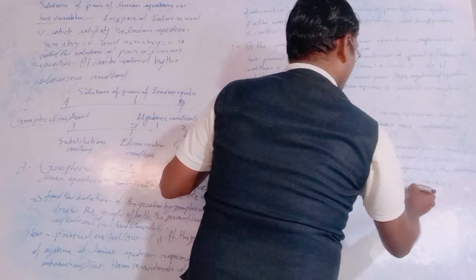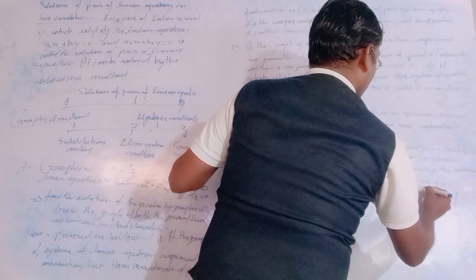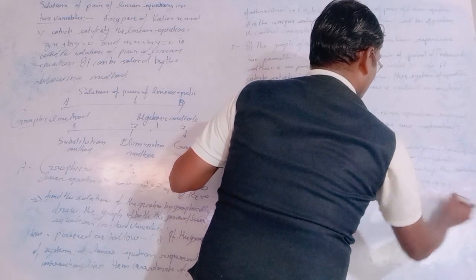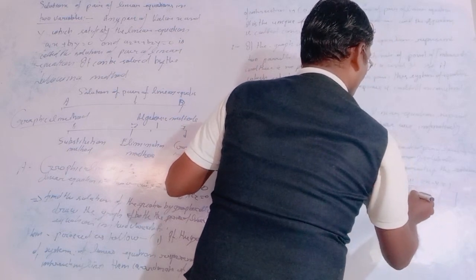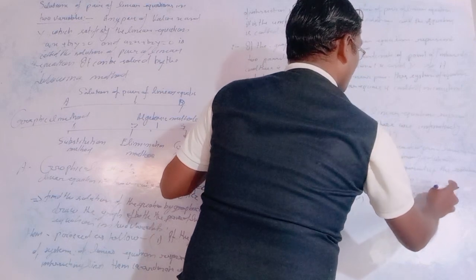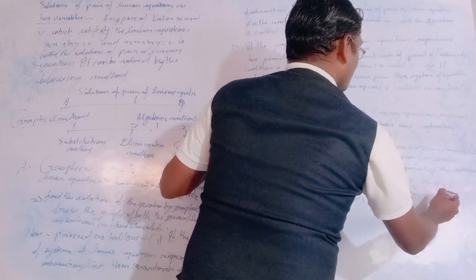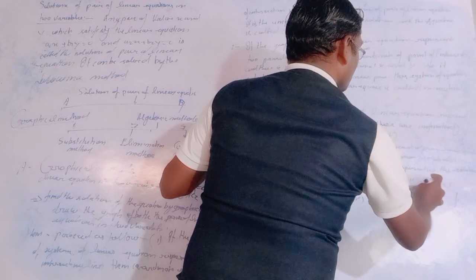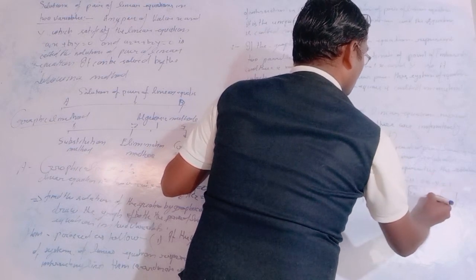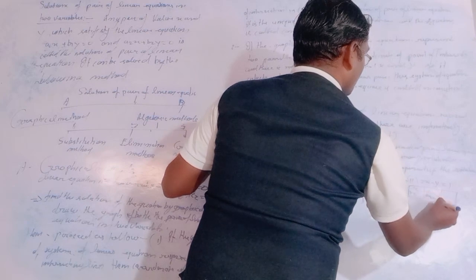Now suppose the second equation is 2x minus y is equal to 1. Then we take 2 points, here is x, here is y, where y is equal to 2x minus 1.